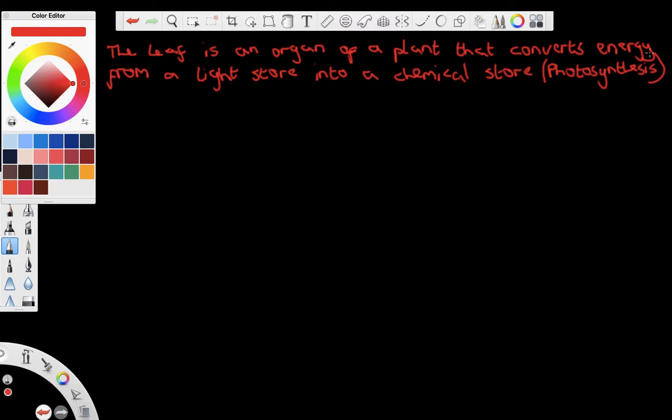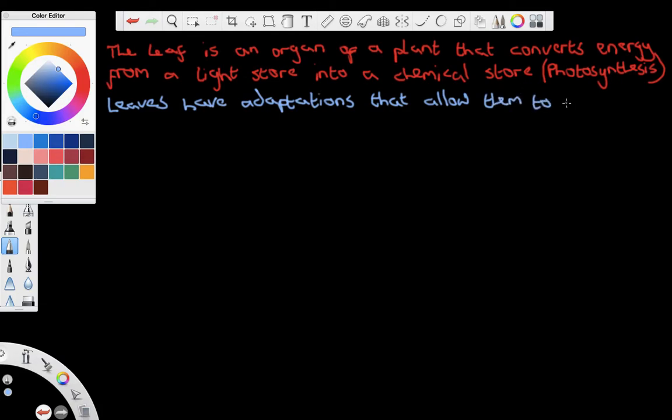Now, leaves have lots of adaptations that allow them to carry out photosynthesis. So we can say that leaves have adaptations that allow them to carry out photosynthesis.